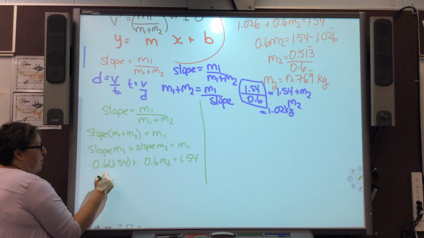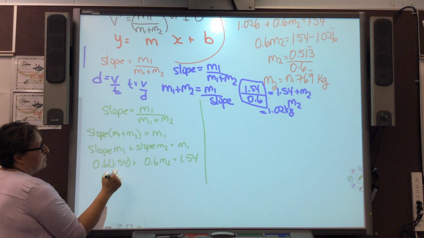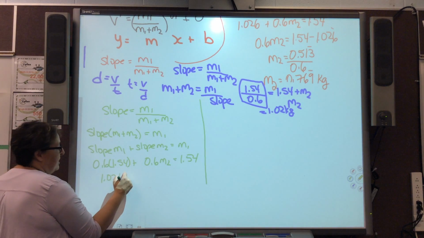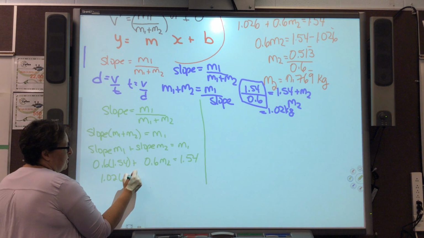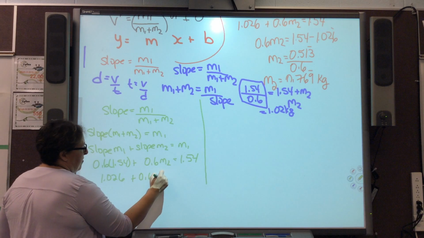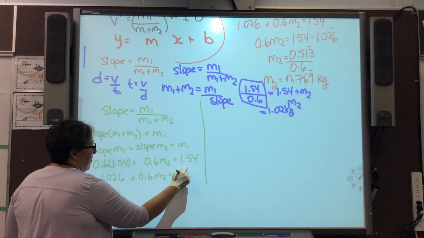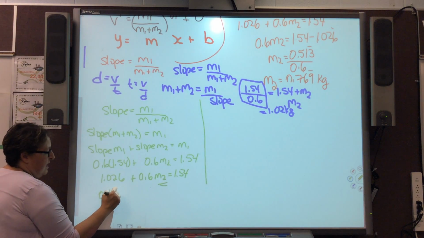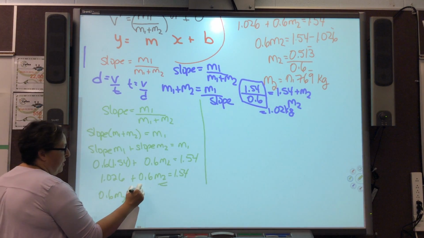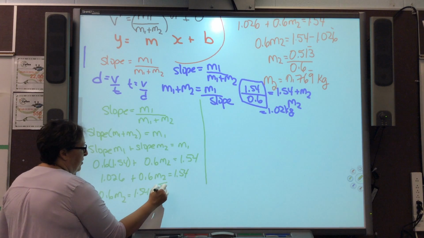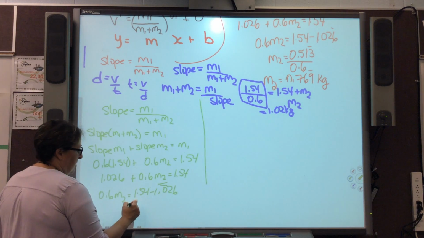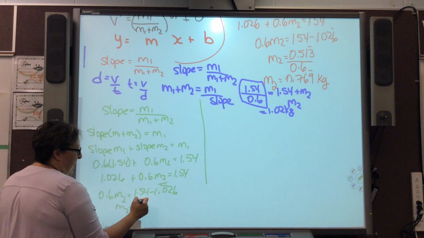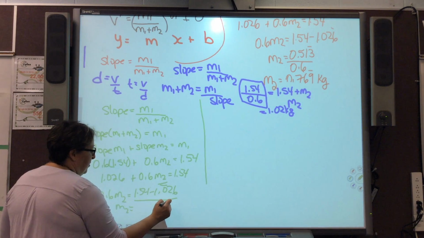This one gave us 1.026 according to Reese. We want, this is what we're looking for, so 0.6 m2 is equal to 1.54 minus 1.026. m2 would be equal to that divided by 0.6.